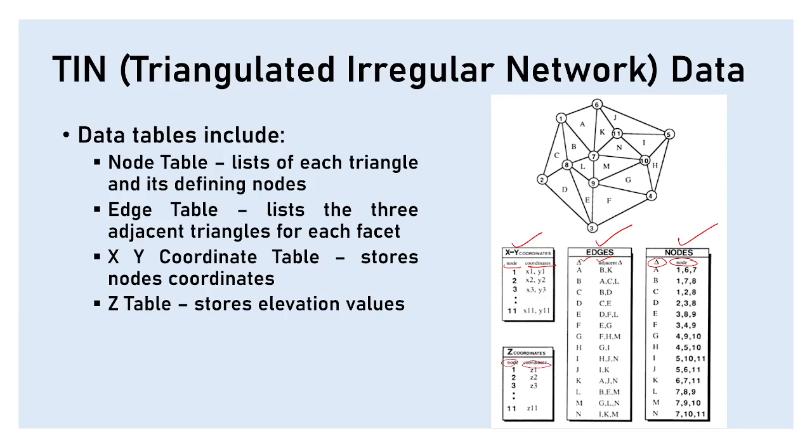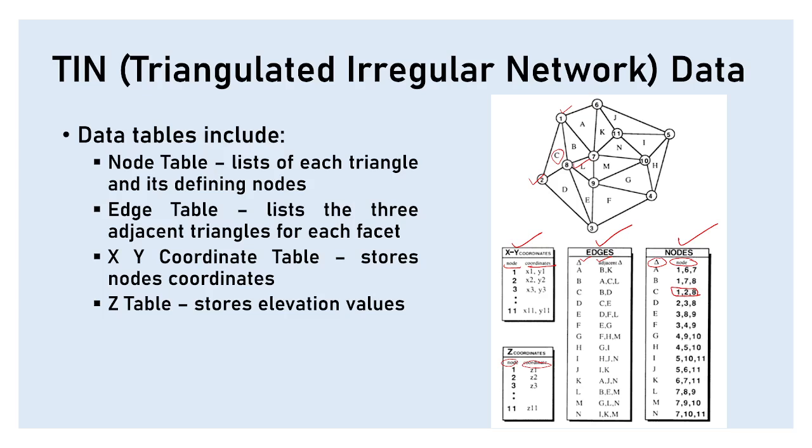So we'll see an example. Let's say we look at C. C is the triangle, and the nodes associated with C are 1, 2 and 8. If we take a look at this, it's given as 1, 2 and 8. These are the nodes.